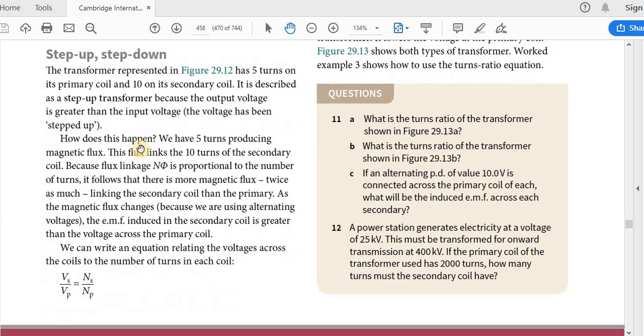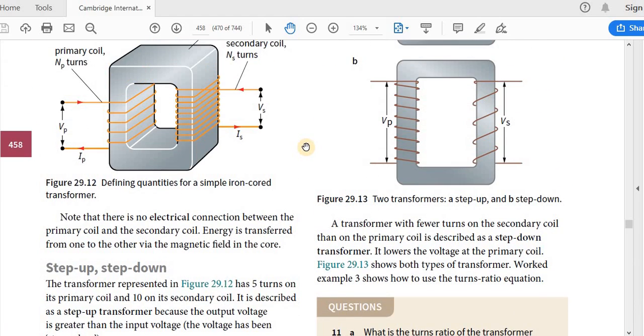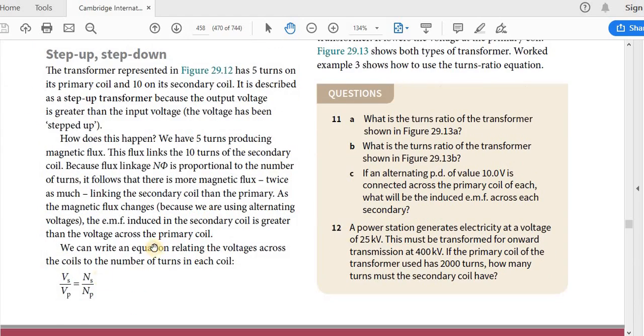And I already explained to you about the step up and step down transformer. Step up transformer increases the voltage, step down transformer decreases the voltage, and here is the equation. So you can also write this as Vp over Vs equals Np over Ns. So the ratio of the turns is equal to the ratio of the voltages respectively.